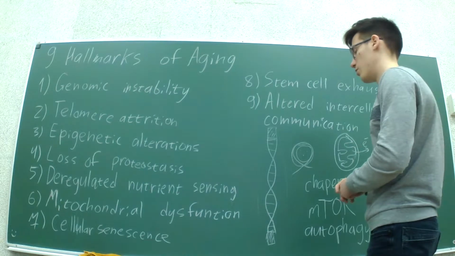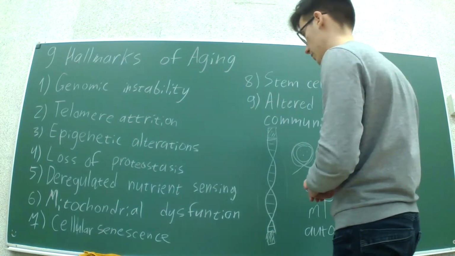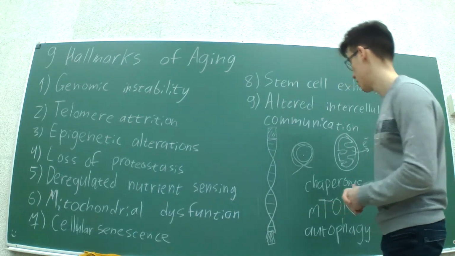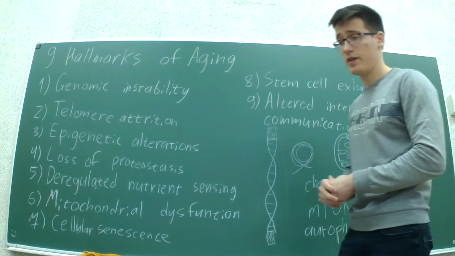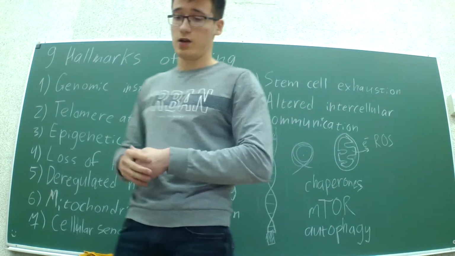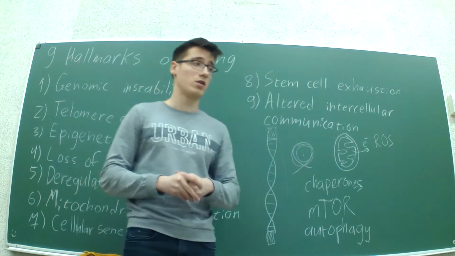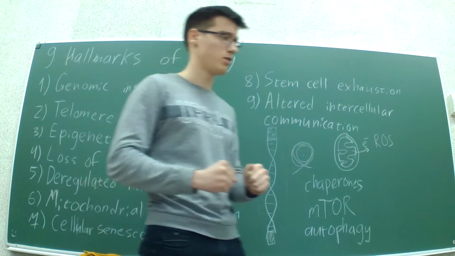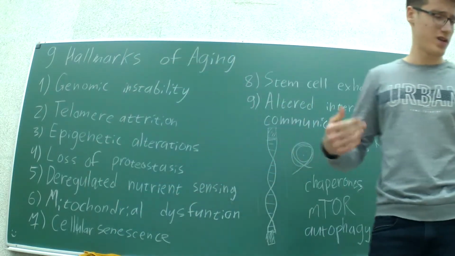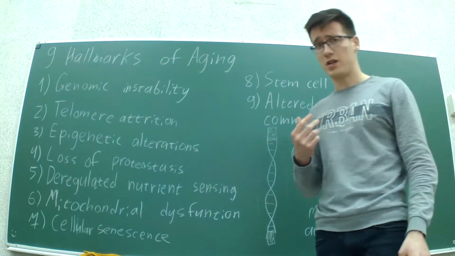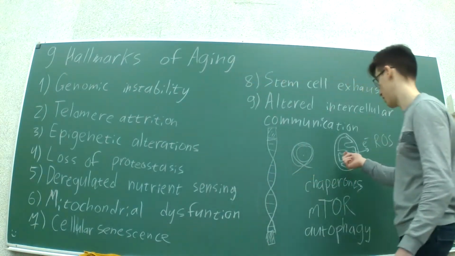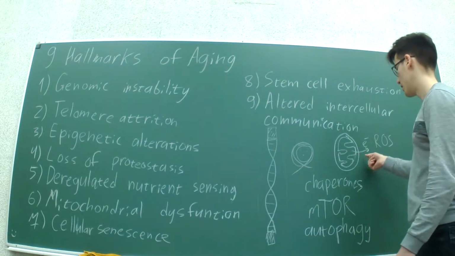The sixth point is mitochondrial dysfunction. Mitochondria are organelles that produce energy in our body using oxygen and other molecules which they oxidize with this oxygen, and all this energy production is accompanied by electron leaks from the mitochondria.